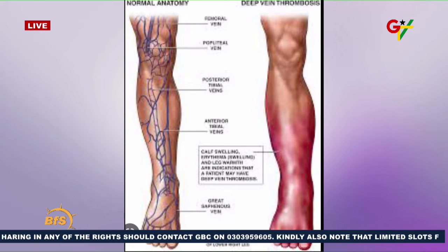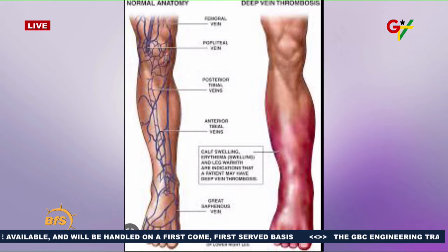Okay, so as I said, the most common symptom is usually unilateral, one-sided leg swelling. But some people also present with two-sided leg swellings. And what might make it difficult in such instances is that when people present with two-sided leg swellings, we are thinking of something more systemic. Is it a heart problem? Is it a kidney problem? Is it a liver problem?